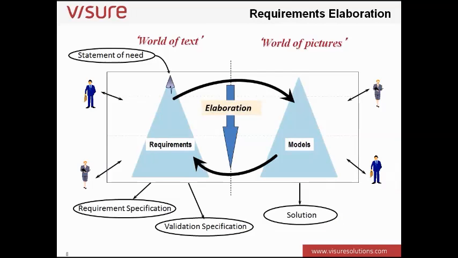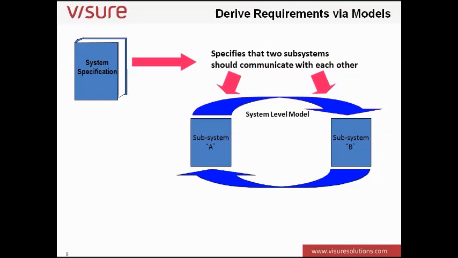So here we go through what I term the requirements elaboration process. On the left-hand side, we've got this world of text. The statement of need typically starts in some sort of textual form, and then it grows to the bottom of that pyramid of requirements, leading to your requirement specification. And in the ideal world, it should also lead in parallel to your validation specification, to prove how you're going to verify and validate those requirements.